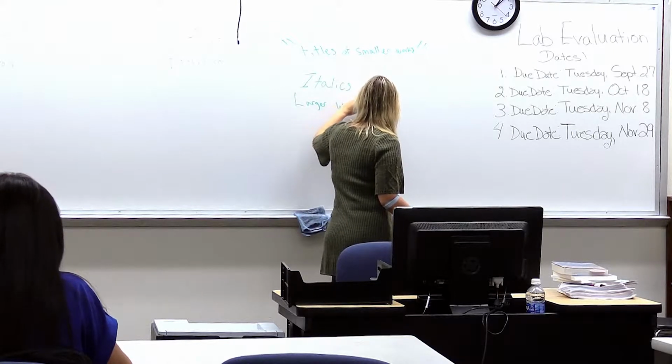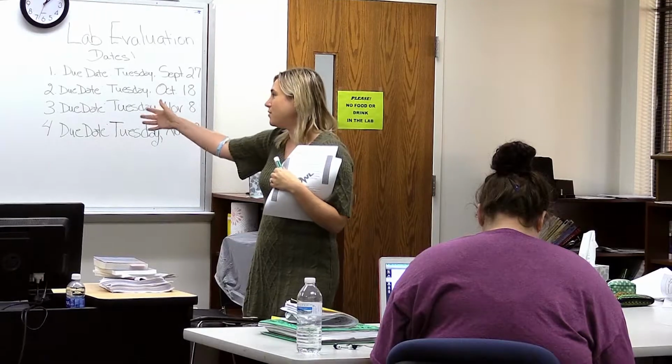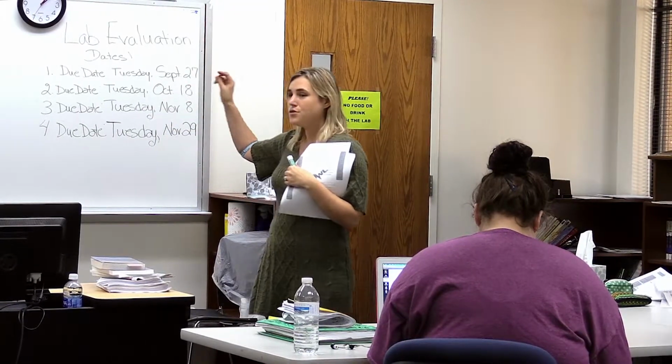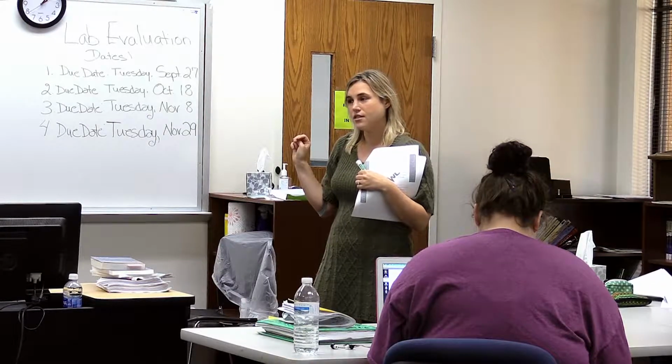So like title of a chapter, title of an article in a magazine, title of a poem in a collection, or a short story in a collection, title of an episode of a TV show. Those are all smaller works, so you would put them in quotation marks.